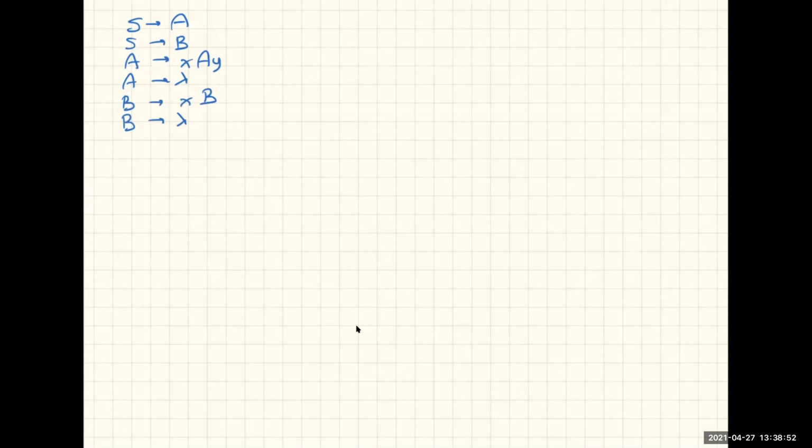There were some rules that were not right in the poll. For example, A goes to XSY. This is not correct because it allows us to go back to B. And if we go back to B, then we have a mix between X and XY. So we want only XXYY, and on the other side, we want just X or XX or XXX.